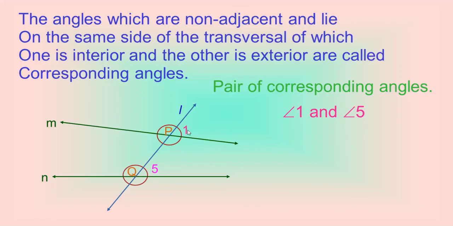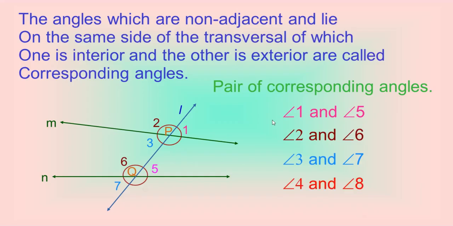Angle 1 is exterior, angle 5 is interior. Therefore 1 and 5 are a pair of corresponding angles. The remaining pairs are 2 and 6, 3 and 7, 4 and 8.